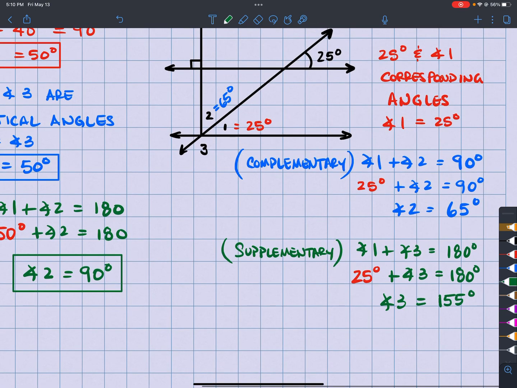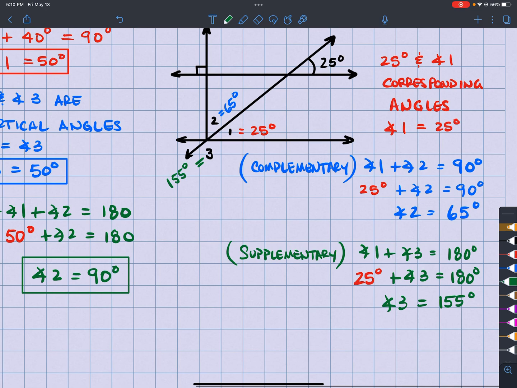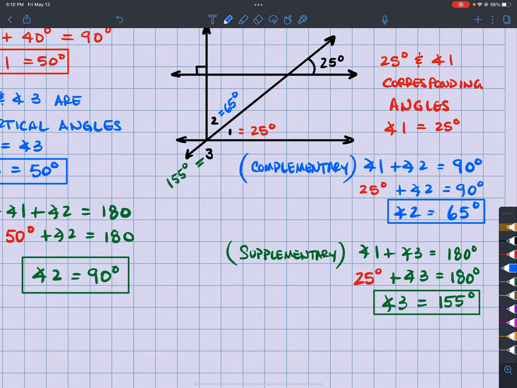All right? So this is going to be 155. All right? So there's all my angles. So here's angle 3. Here's angle 2. And here is angle 1.